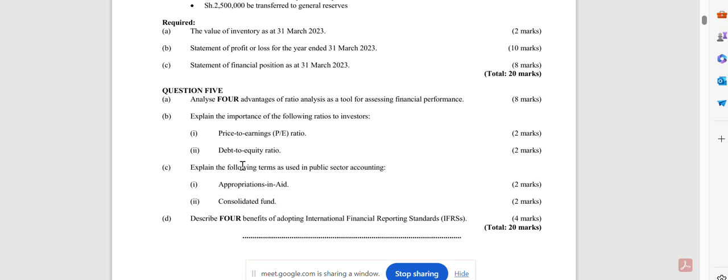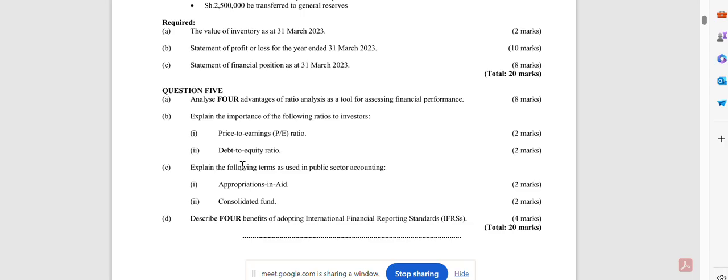And then the consolidated fund. This is a fund that is maintained by the government whereby all monies received are recorded in this account. You can go ahead and say, for you to withdraw or to get money out of the consolidated fund, you need to have what we call an Act of Parliament.